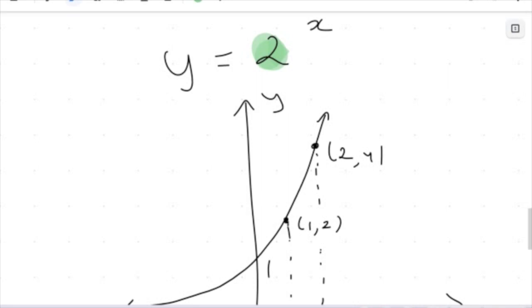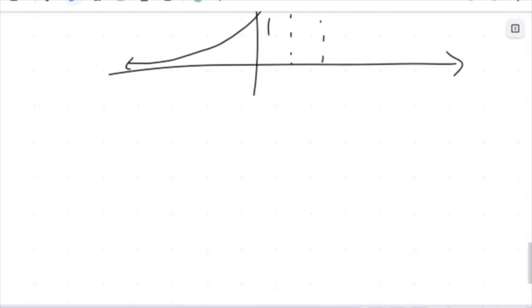So we've got y equals 2 to the power of x. We're going to do two examples. Y equals 3 to the power of x. Now it's important to note, just because we're talking about functions, we can also write this as f of x equals 3 to the x.